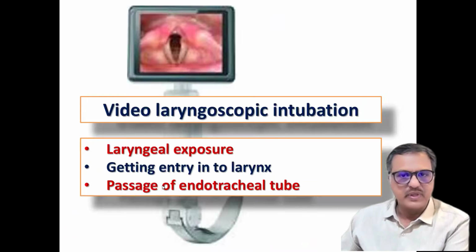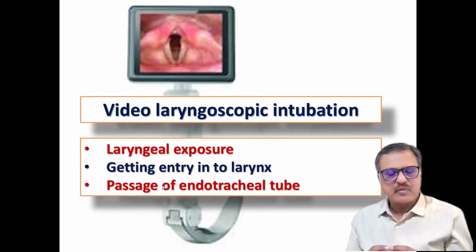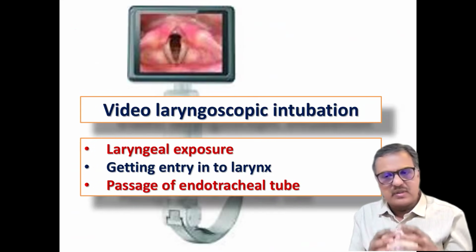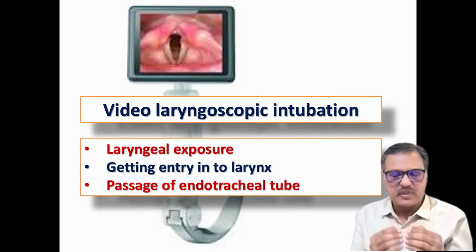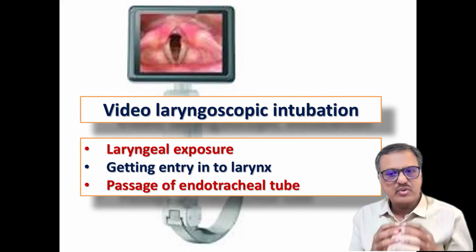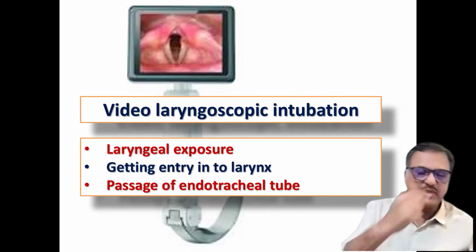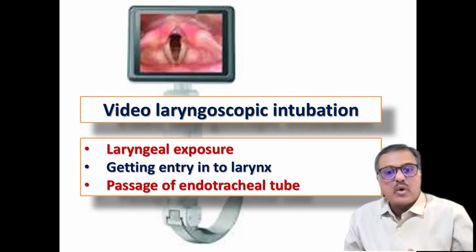Principles of videolaryngoscopic intubation. We have discussed laryngeal exposure, and where the camera is placed when the videolaryngoscope is in situ. The camera takes the position in the pharynx to take the image of the larynx, so it is looking from downside up.